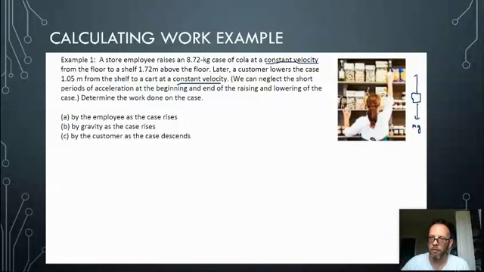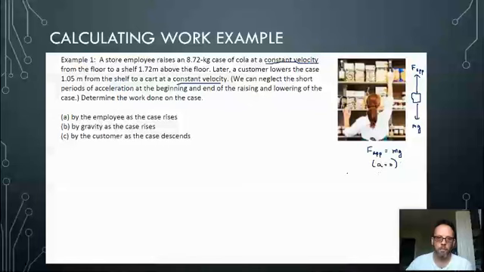In all the scenarios for lifting up and lifting down the crate, you've got its own weight pulling it down, gravity, and you have the employee holding it up with an applied force. And in each of those cases, the applied force and gravity are equal to each other, because the acceleration is zero, because it's moving at a constant velocity.